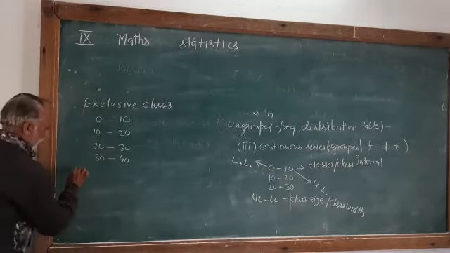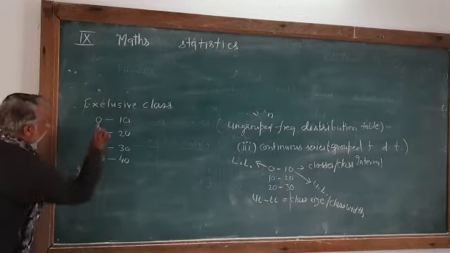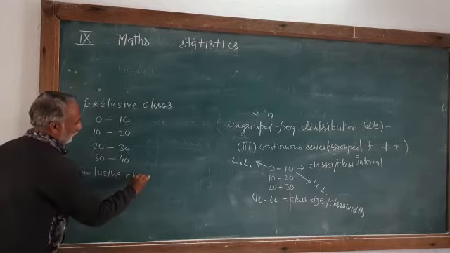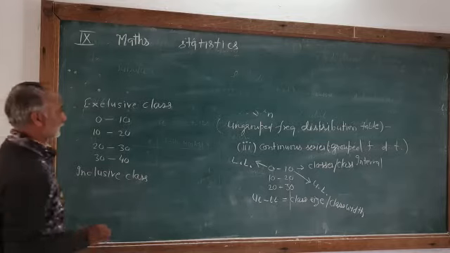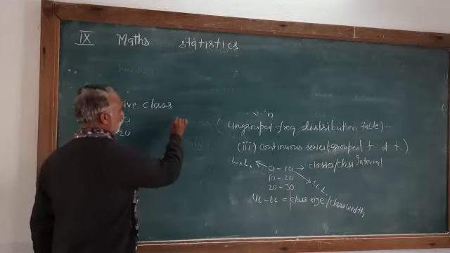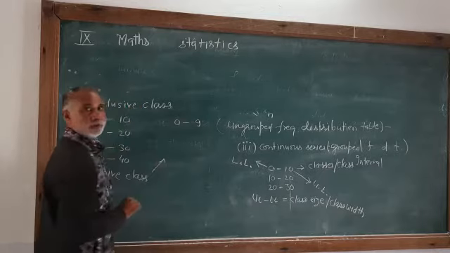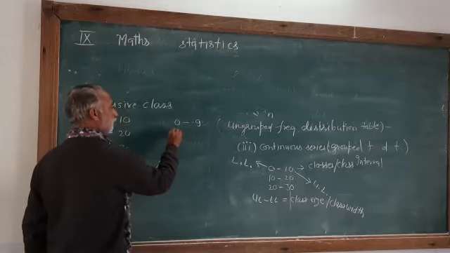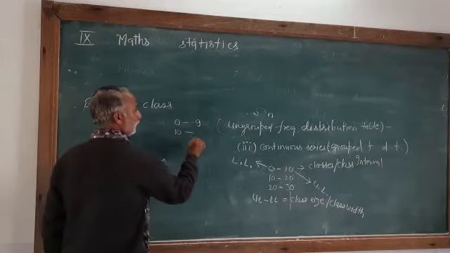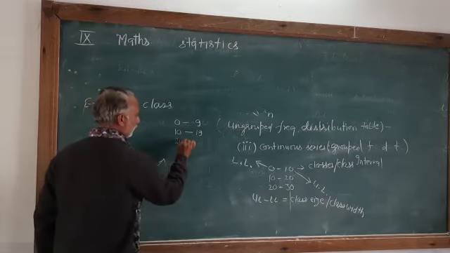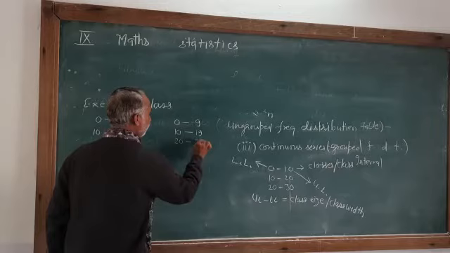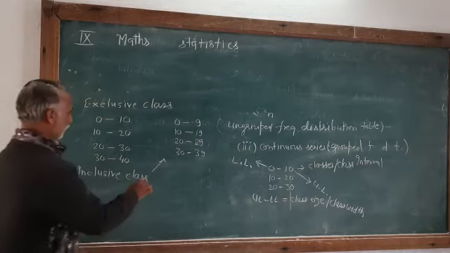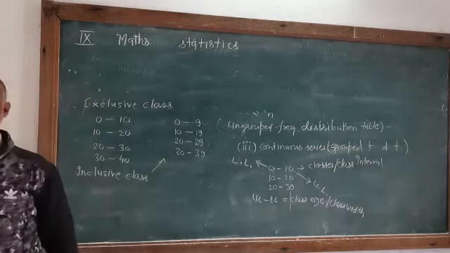Similarly, another class is inclusive. In this class, how do we write the classes? Suppose you are writing 0 to 9. Now the lower limit of the next class will not be the upper limit of the first class. It will start from some other value: 10 to 19, 20 to 29, 30 to 39, and so on. So this interval is known as inclusive class interval.